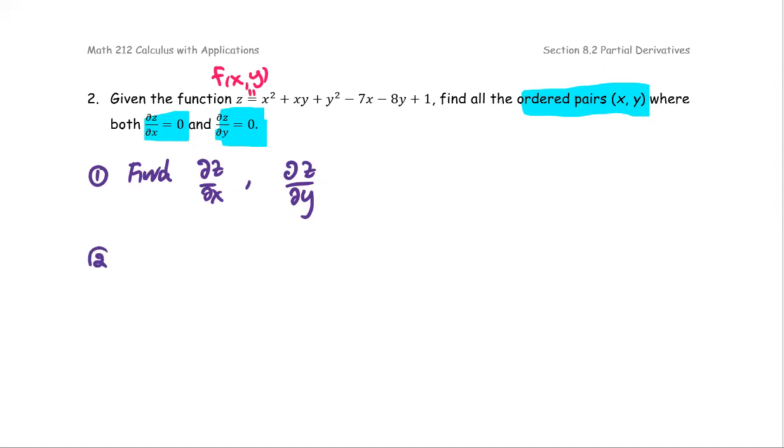I'm going to make a list of the plan here. Number 2, solve for x, y where the partial derivatives equal 0.